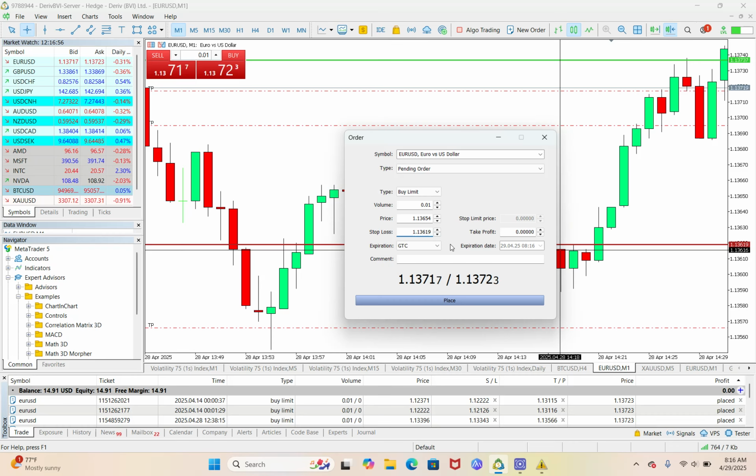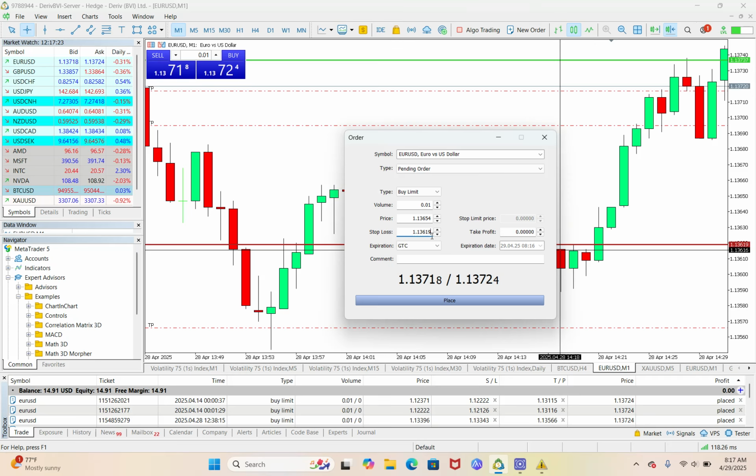Stop loss 13,619. Okay, so our take profit is gonna be 3 times what we are risking. So in order to find out what we are risking, right, you minus the stop loss from the entry price, which is 619 minus 654. So 19 and 1, 20.